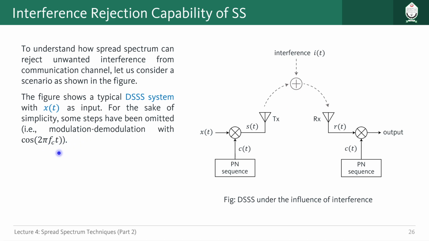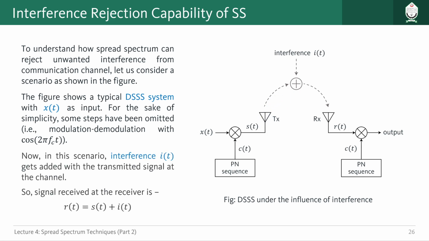And we know that in this case x of t will be multiplied with our PN sequence, or the spreading sequence, C of t, and the resultant sequence is S of t. Then, since we don't have any digital modulation, that S of t will be transmitted to our channel.